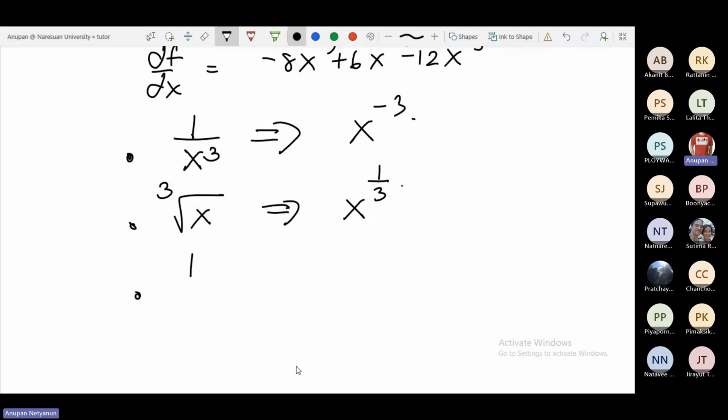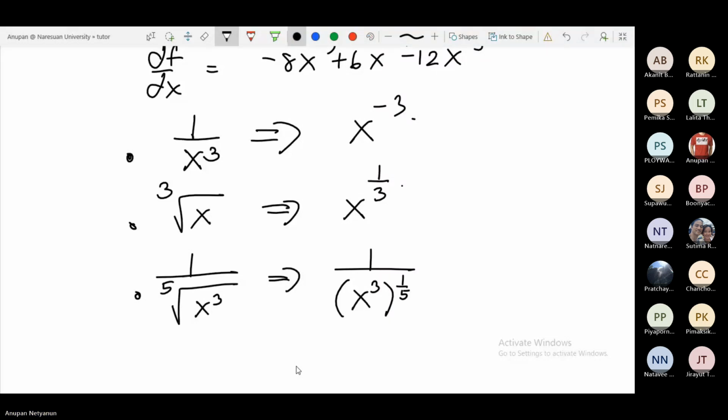And if you have something like this, you might want to first change this below here into a power of x. You can see that it's x cubed, and the fifth root is equivalent to the power of 1/5.